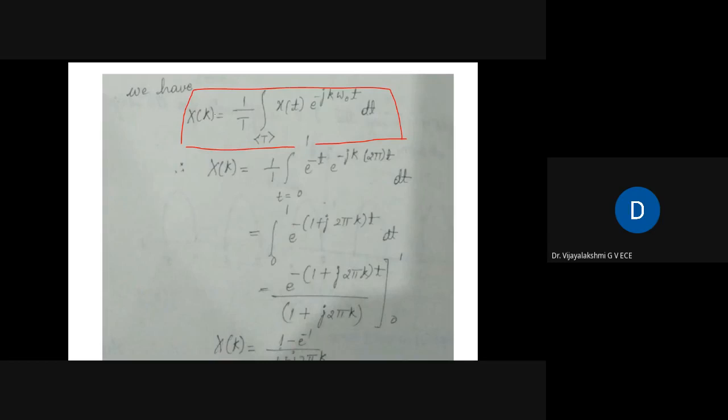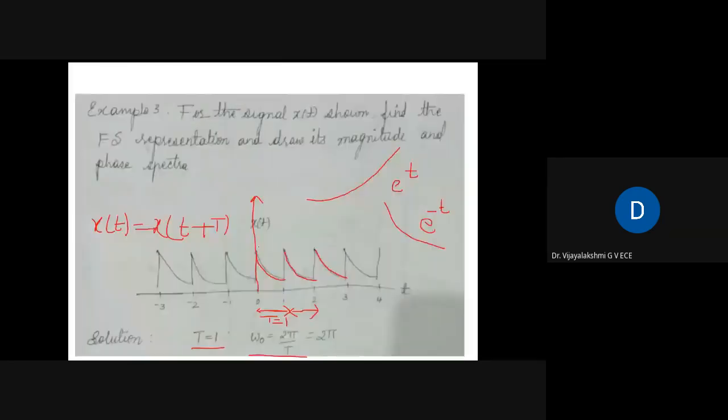So we have the equation to find the Fourier series coefficient: X of k is equal to 1 over T, where T is the fundamental period, integration over one period of x of t times e raised to minus j k omega naught t. Let me substitute x of t.